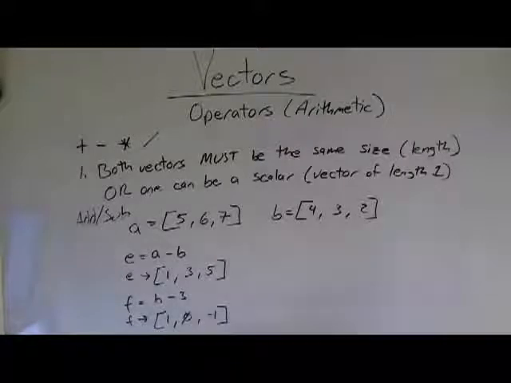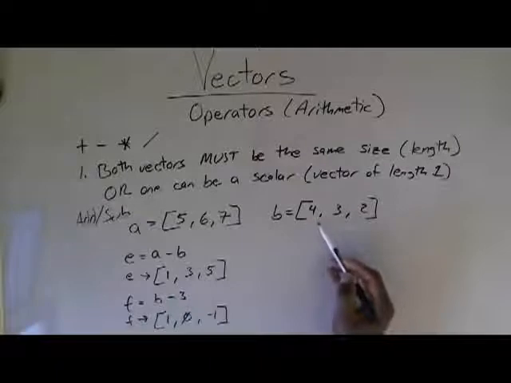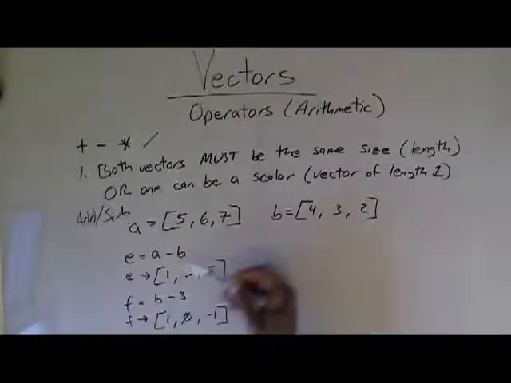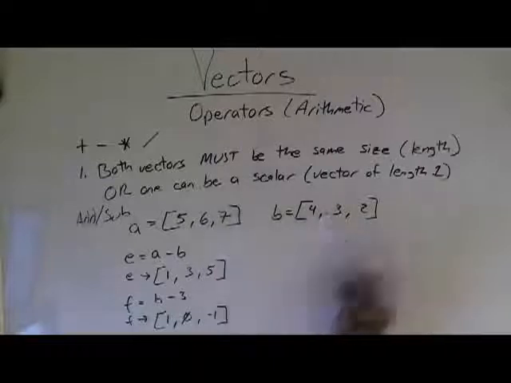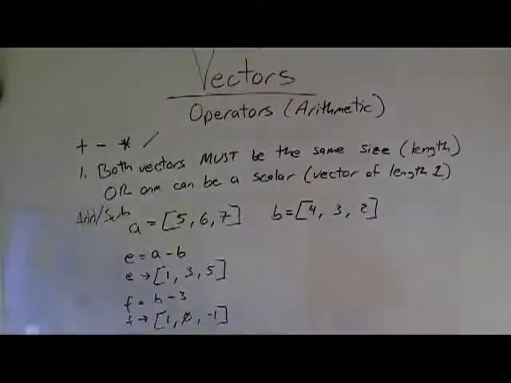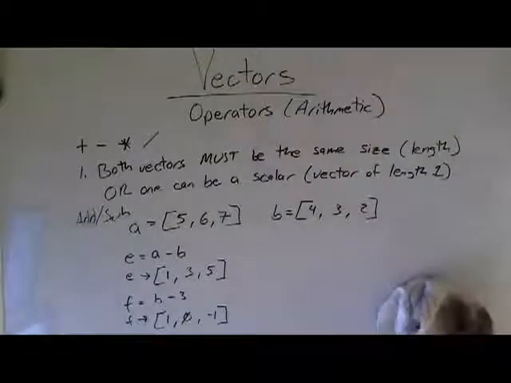So you wind up with this one. Once again, that's subtracting a scalar, so that 3 gets subtracted from each element, and this is subtracting a vector, so you do element by element subtraction. Okay? So that's the addition subtraction part.